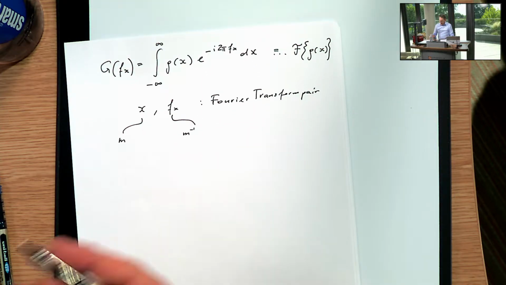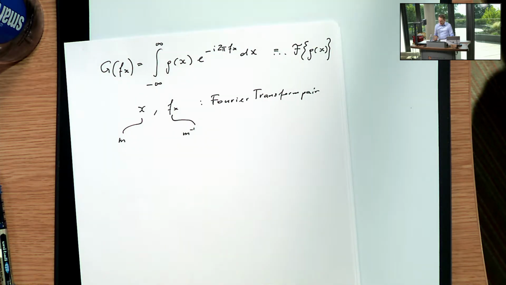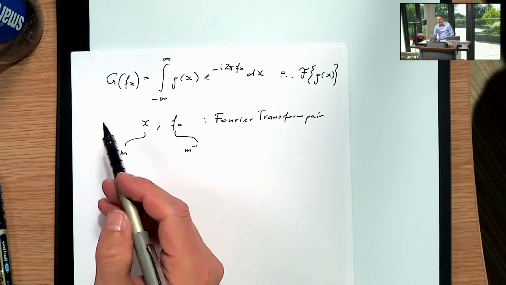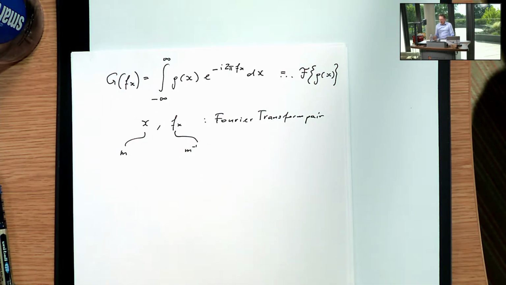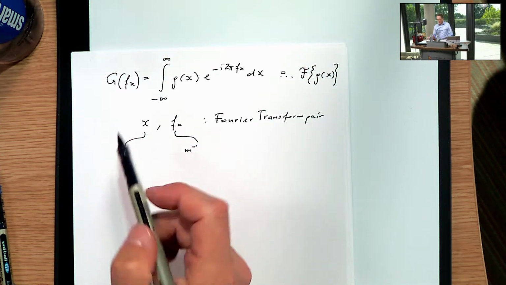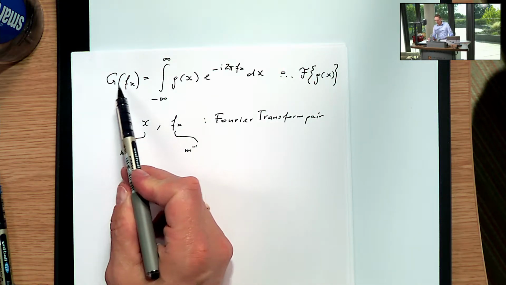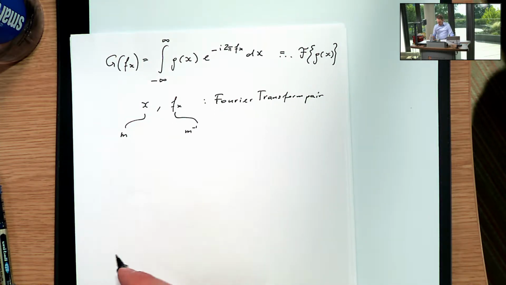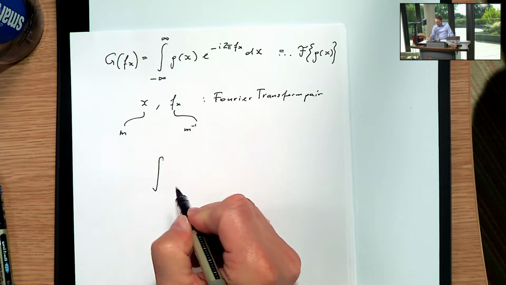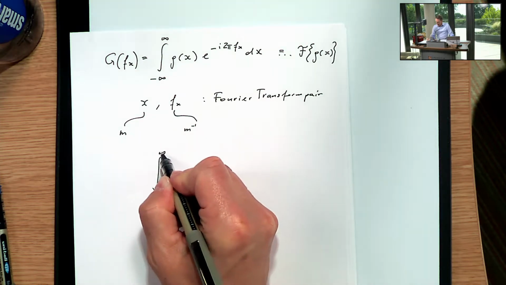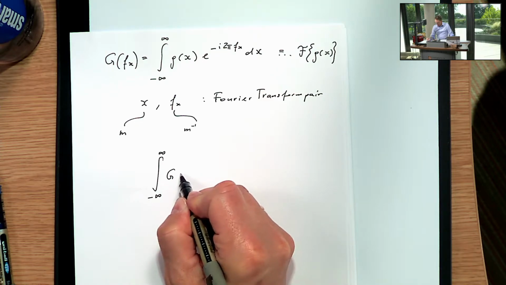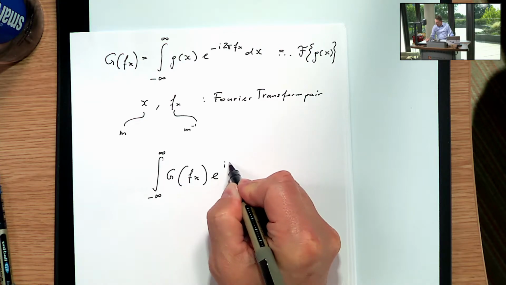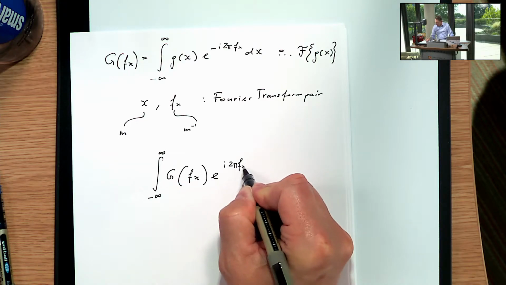The inverse operation of this is, if you have a spectrum of frequencies, g of fx, then you can work out what the real space function is, g of x, by taking the inverse Fourier transform. It's an integral that looks almost identical: g of fx e to the i 2 pi fx times x, dfx.